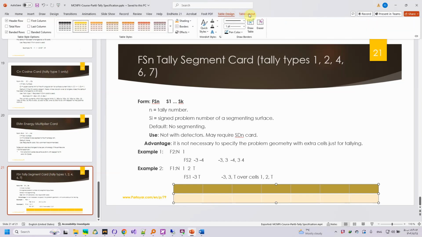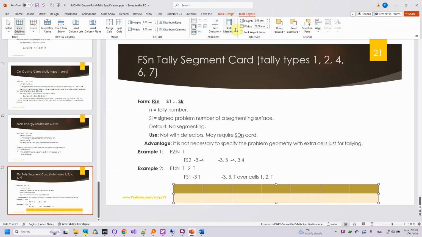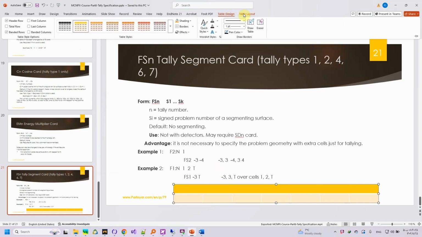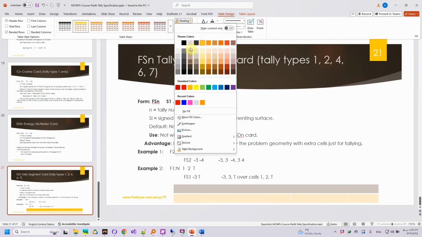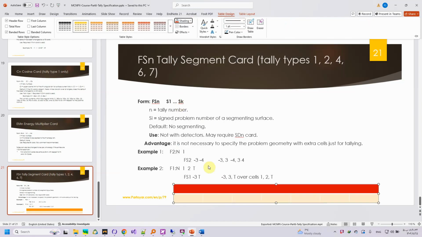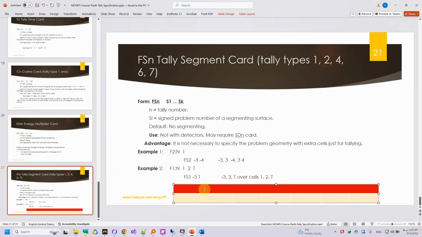Let me merge the cells, and also I want to consider this as a geometry.